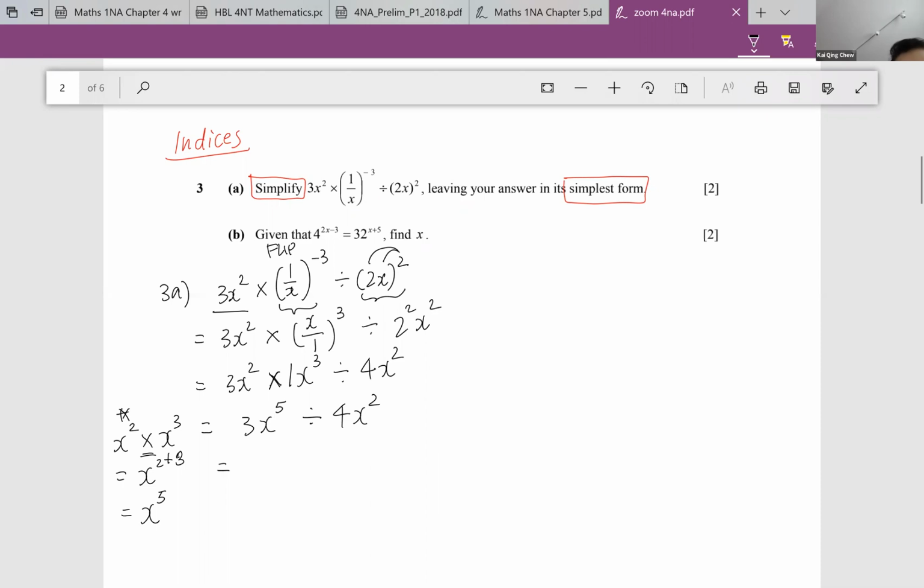Very good. So 3 divided by 4, you leave it as 3/4. And then this will be x to the power of 5 minus 2. So it's 3/4 x cubed. That's the answer. I've simplified it to a point where I cannot do anything more.